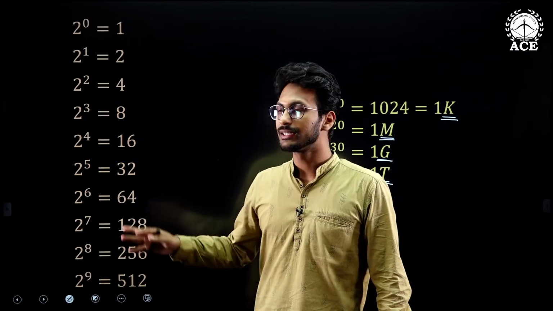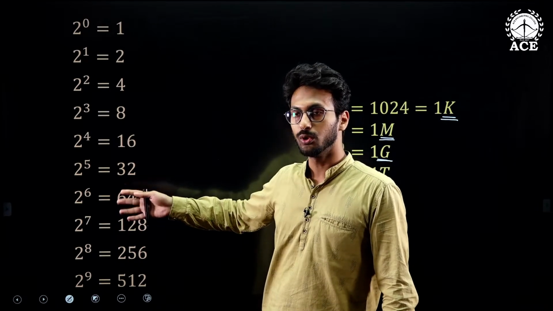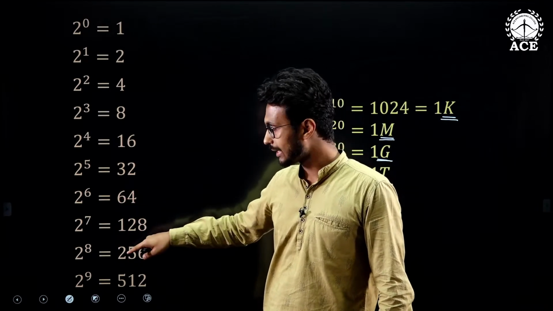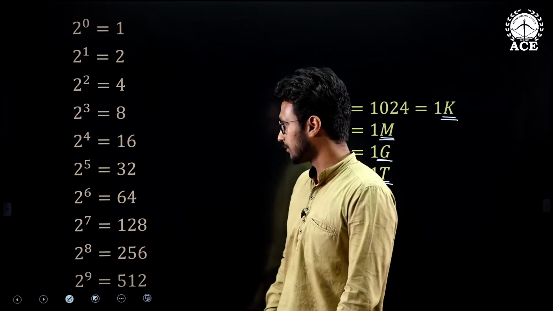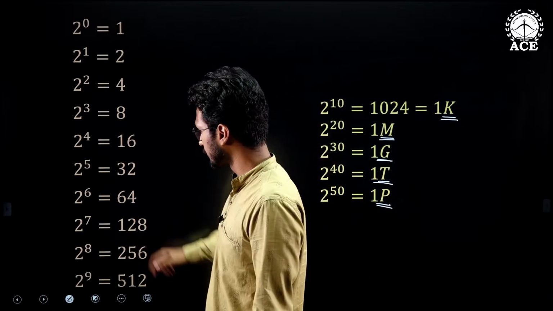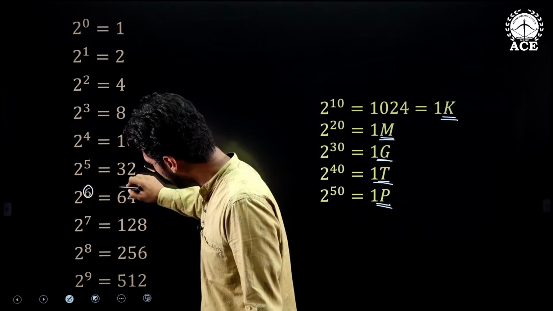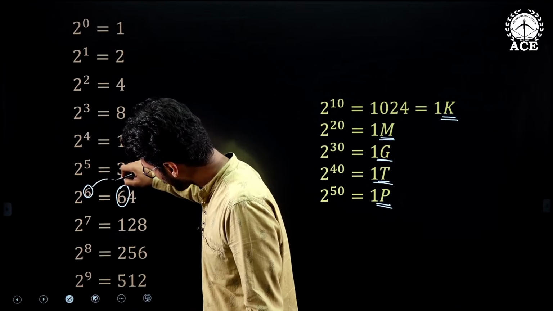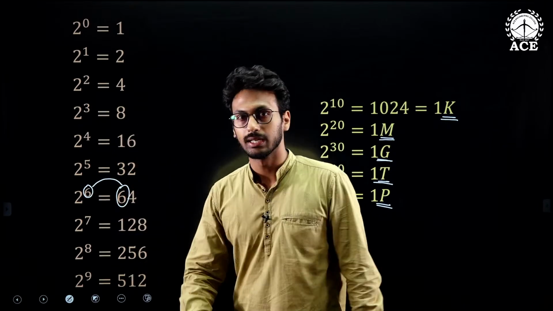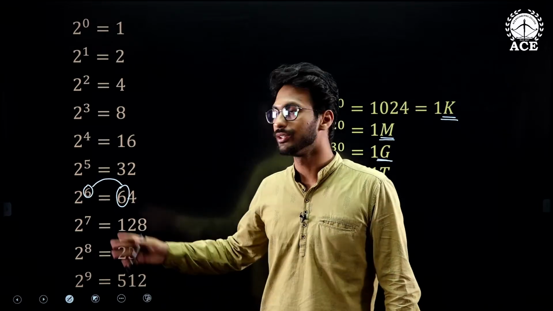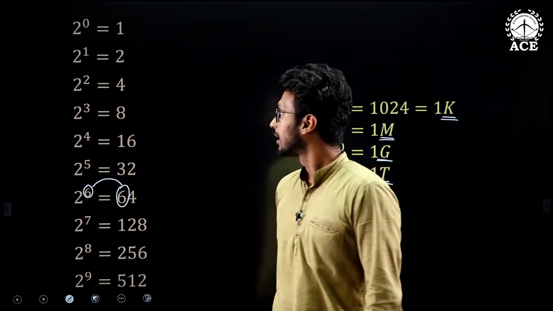Instead of doing it, if you get habituated to this so much, then at that instant itself you will get that 256 is 2 raised to 8. One shortcut which I can tell you is 2 raised to 6 is 64. So you can just map 6 to 64. If someone says 128, since 2 raised to 6 is 64, it will be 2 raised to 7. Directly you can say it.